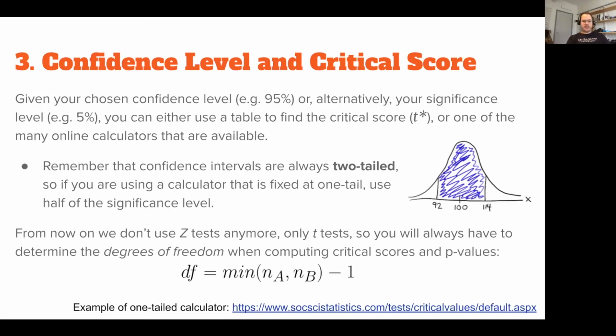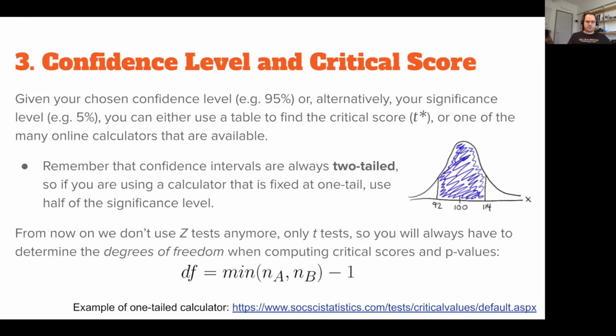So it's basically take the smallest sample. Most of you are taking the same number of samples for both samples, so in your case it doesn't matter; you just take the sample size minus one. But in case one sample had 30 and the other had 40, you would take the smaller one.